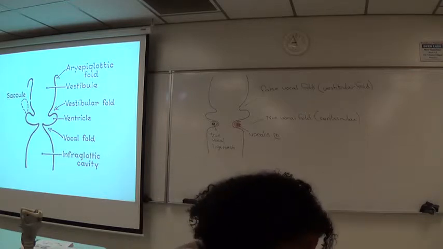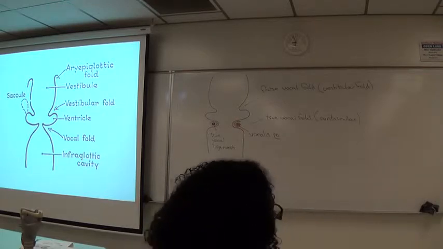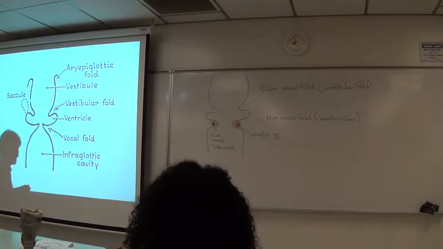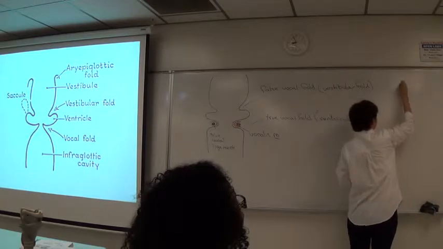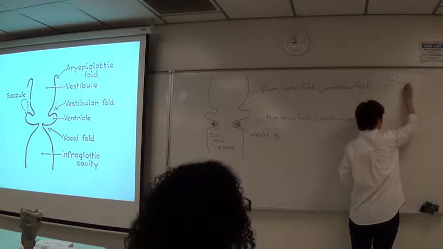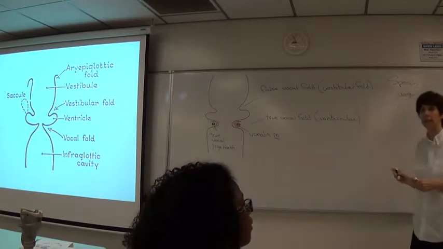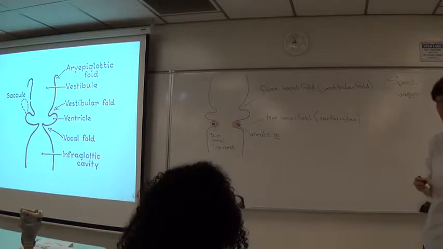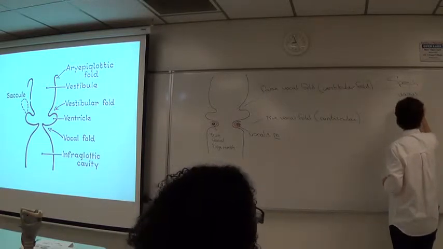Anybody remember what the cranial nerves associated with speech are? I've already given you one, right? The facial? Vagus. And the tongue. If you're trying to talk without your tongue, it's hard, so hypoglossal.